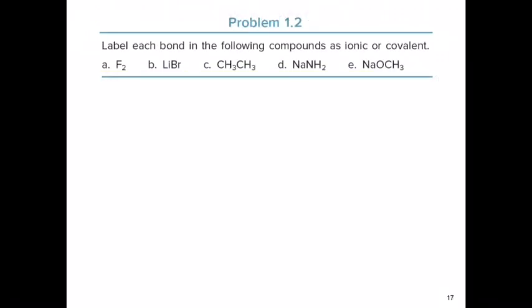Here's problem 1.2. Label each bond in the following compounds as either ionic or covalent. So what this problem is basically asking is, what type of compound do we have? If you have an ionic compound, that uses ionic bonds. If you have a molecule or molecular compound, then it uses covalent bonding.